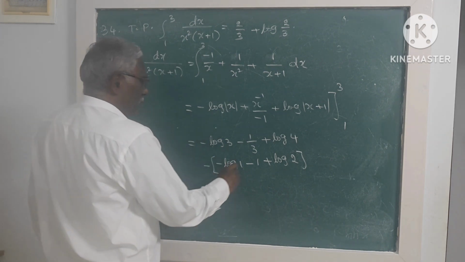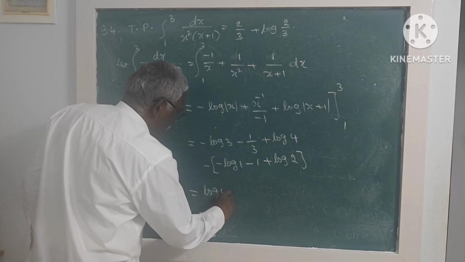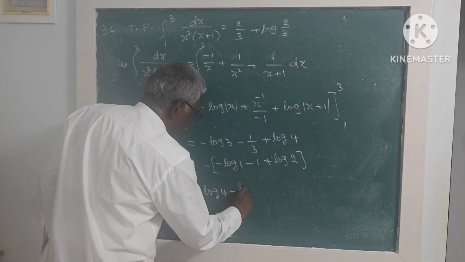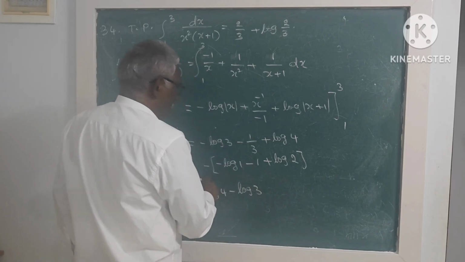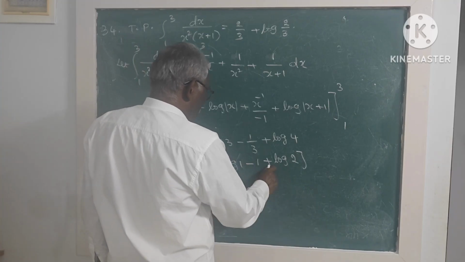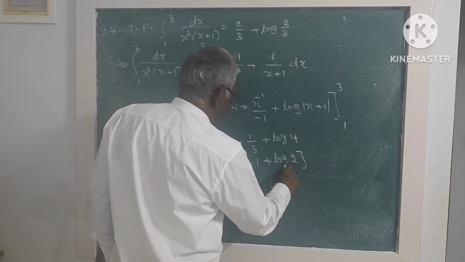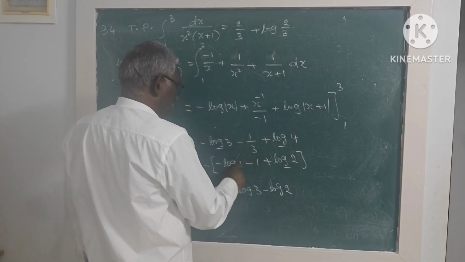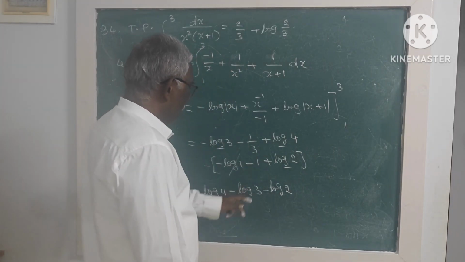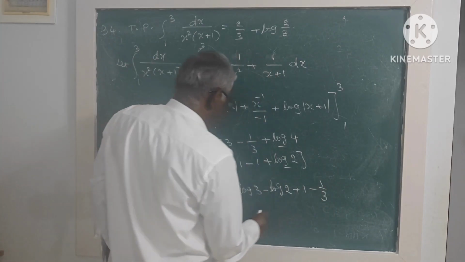So this is log 4 minus log 3, then log 1 becomes 0, minus log 2, then plus 1 minus 1 by 3.